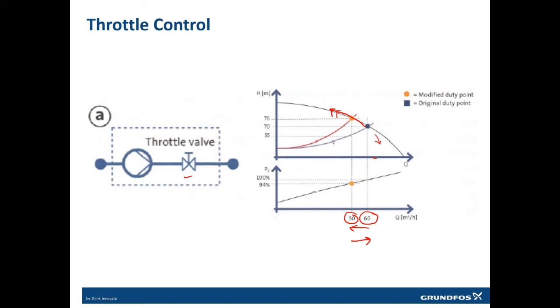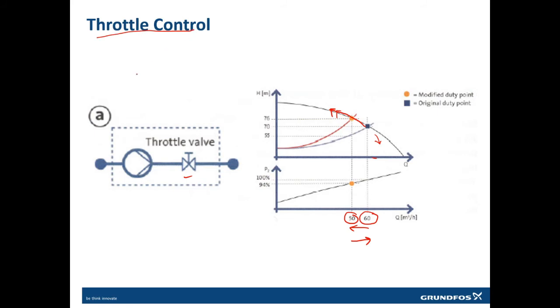So throttling is possible. For example, in all of the options of performance adjustment, I will take the case of decreasing the flow. So decreasing the flow from 60 to 50 is the first possible way, in throttle control.